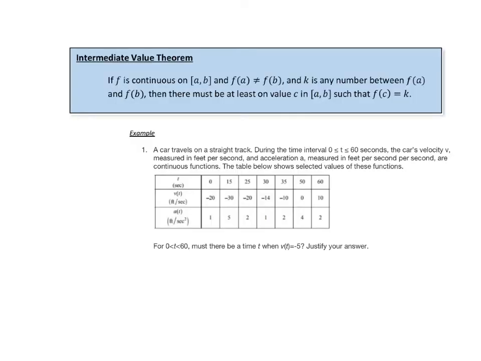The intermediate value theorem says if we've got a continuous function on a given interval, and we know f of a is not equal to f of b, so we've got that separation, two points at different heights, and this is A and this is B, then for any f of c, in other words any y value in between, at least once it had to cross that.